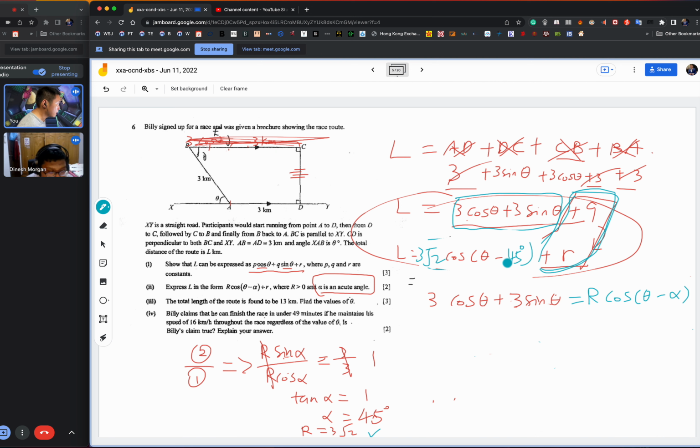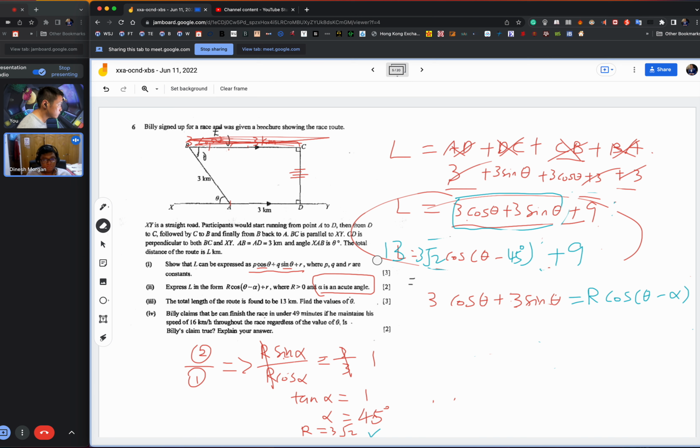So this is the format, and then of course plus 9. And then the maximum value of the expression is found to be 13. So basically you get 13 here, right?